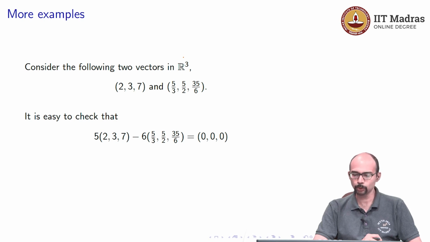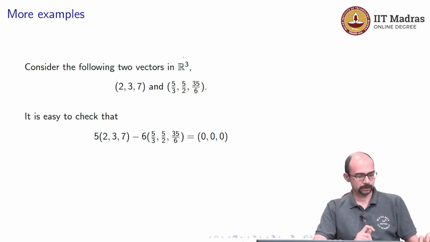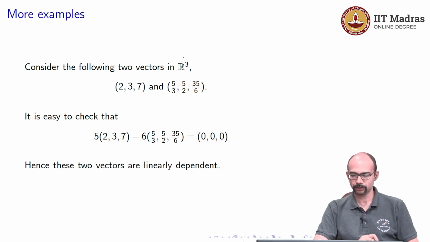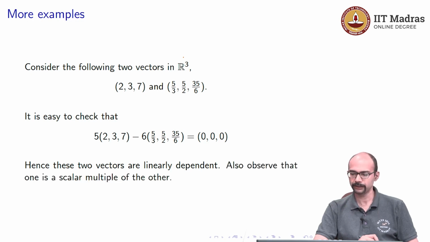So in other words, if you do 5 times 2, 3, 7 minus 6 times 5 thirds, 5 halves, 35 by 6, that is 0, 0, 0. So at least one of these coefficients is non-zero. In fact, in this case both of them are non-zero, and so these two vectors are linearly dependent. Okay, these two vectors 2, 3, 7 and 5 thirds, 5 halves, 35 by 6 are linearly dependent.